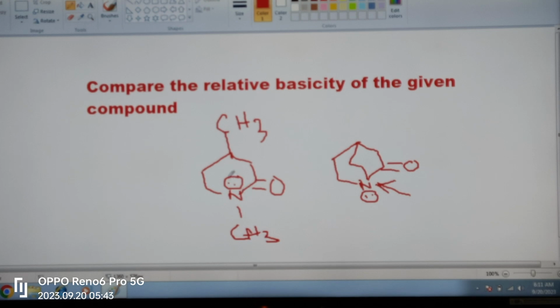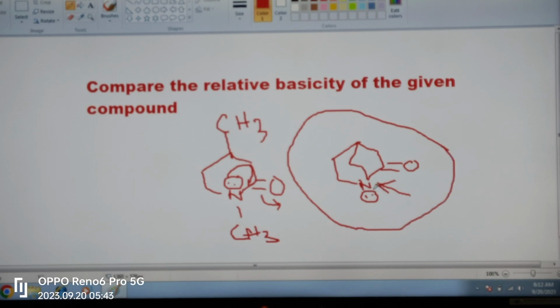So here the lone pair of electrons easily comes in and forms a canonical form with the carbonyl group. So the lone pair electron density on the nitrogen atom will be reduced. But in the second compound, due to this bridged position, the nitrogen lone pair cannot participate in resonance with the corresponding carbonyl group.